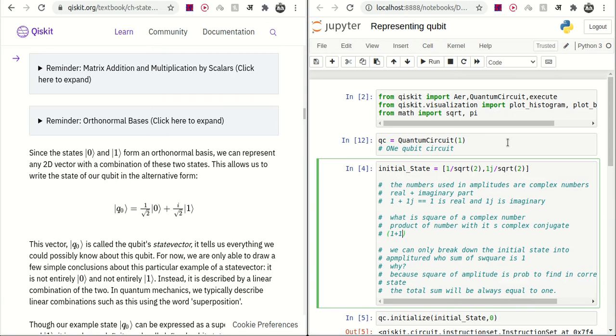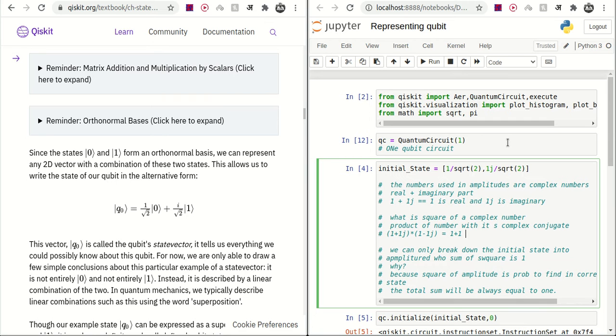So (1 plus 1j) into (1 minus 1j) is equal to 1 square plus 1 square.